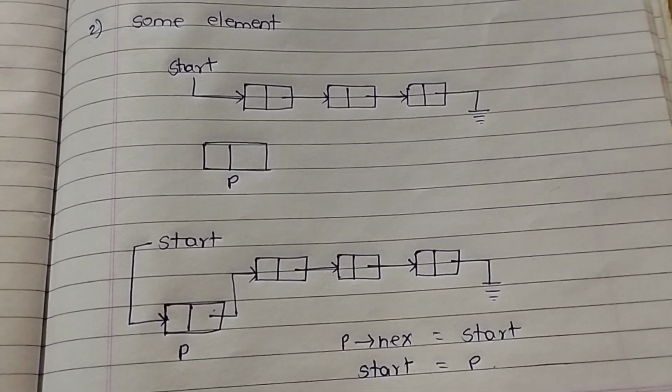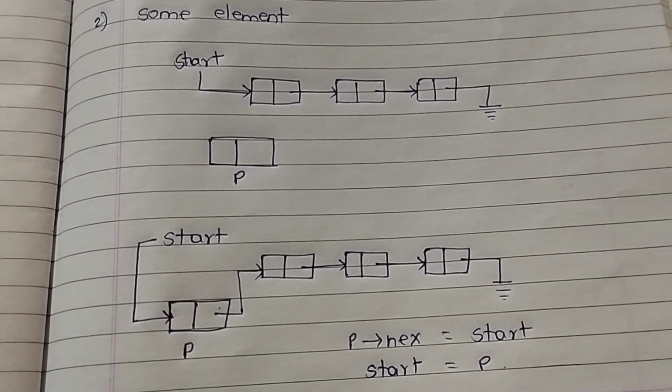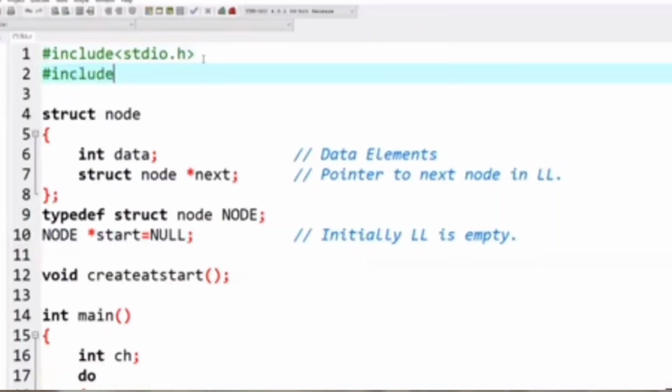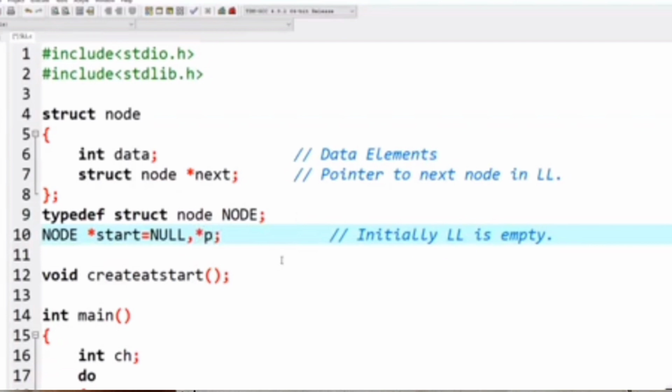Now we write a program for better understanding. First we declare the create at start function just above the main body. We declare all the functions, meaning 7 functions: create at start, create at end, and so on, just above the main body.